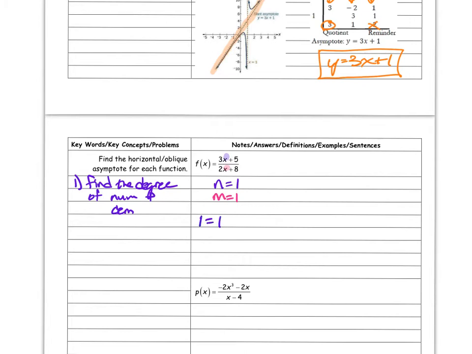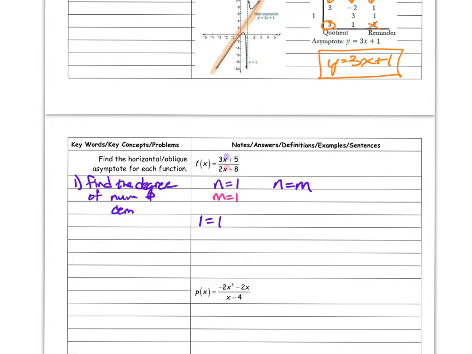So I know that m equals n. Oops, I wrote it the wrong direction. I've got to write it the right direction. n equals m. I'm used to writing things in alphabetical order, but in this case, the n's always come first. Whatever's in the top comes before what's in the bottom.